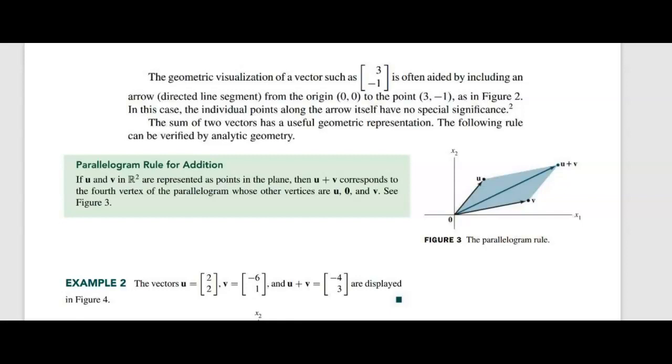All right, we need to talk about what the addition rule does geometrically. So if I were to add together these two vectors, they have both positive components. I'm looking here at this picture. They have both positive components for x1 and x2. So it makes sense that if I were to add those row-wise across, I would end up getting something else that is positive. One thing that I also want to show you is we said that u vector above can be moved around and it's still the same vector.